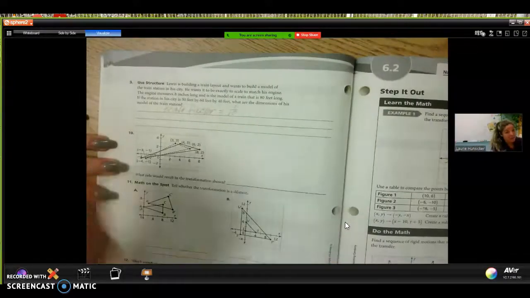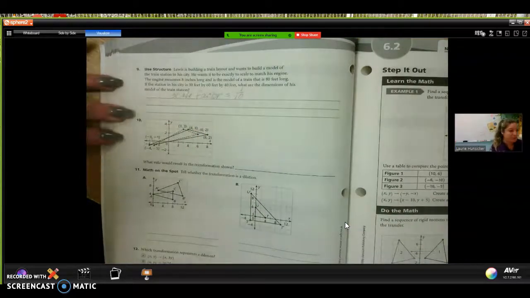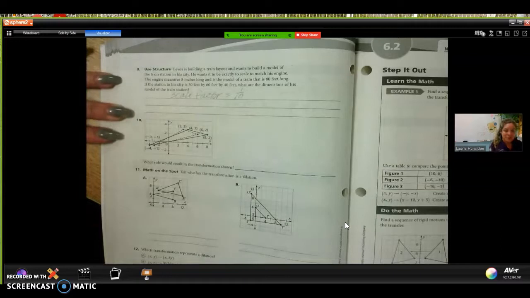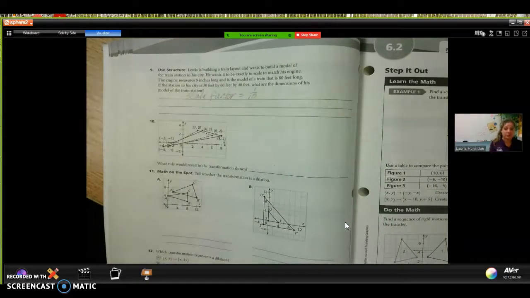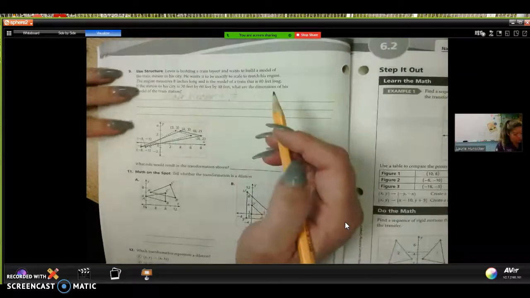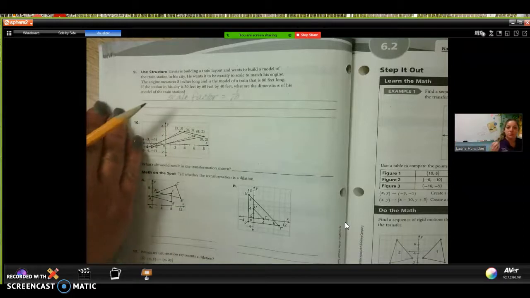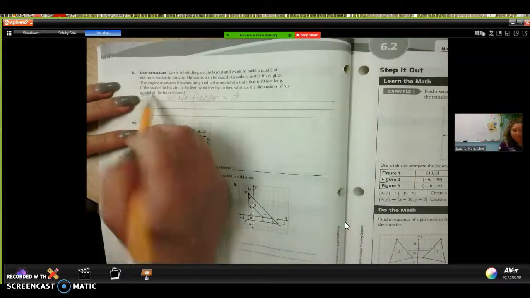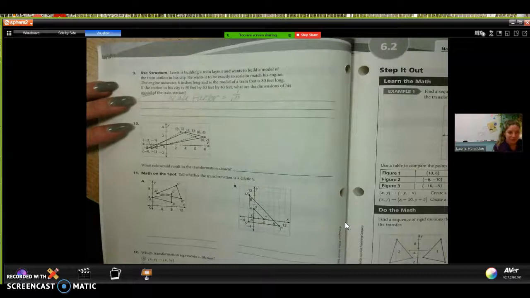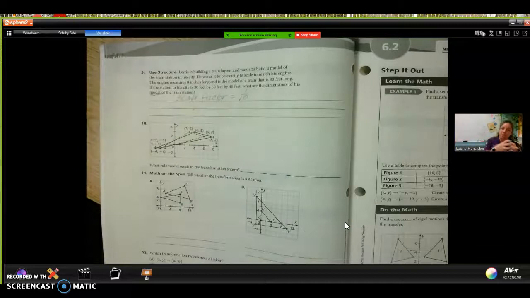All right, now on the flip side, we talked about this scale factor, and there were a lot of you that, when we were talking about those nesting dolls, were trying to tell me that the scale factor was 4. You have to be really careful and make sure that you're looking at what they're asking for. The question is, what is the scale factor of the model of the train station? He's not talking about the actual one, he's talking about the model.